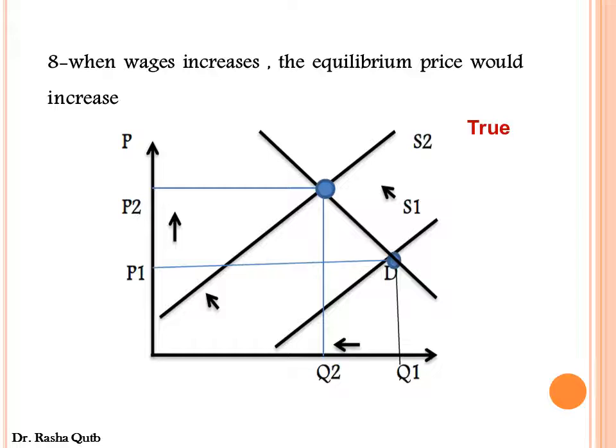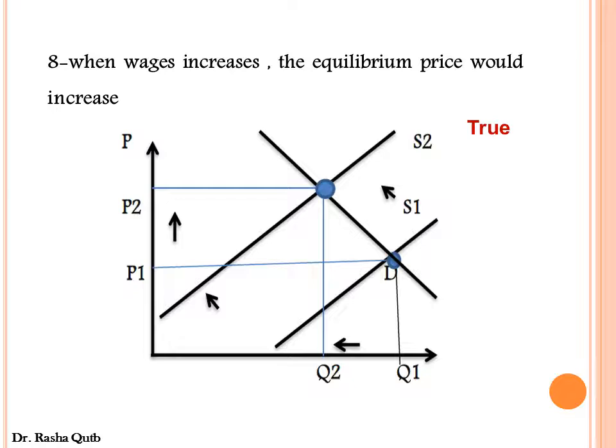When wages increase, it means that the cost of labor, or the cost of one input of production, increases. So the cost of production increases. This will not give the producer the incentive to produce more. So the quantity or the supply of the product would decrease.